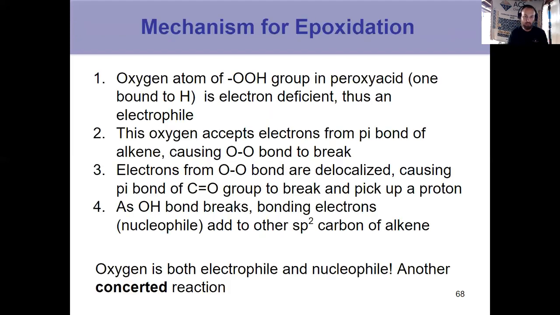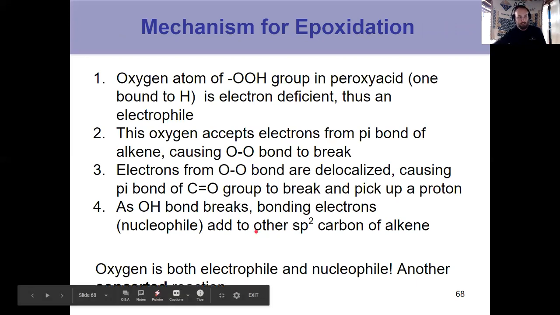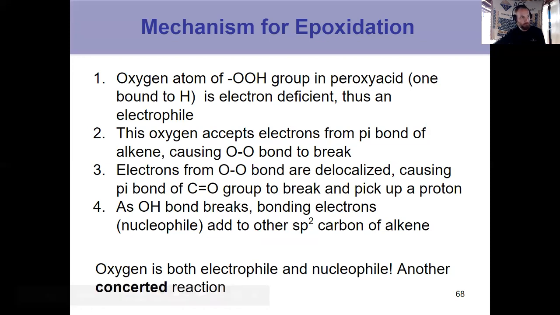So with that in mind, what does the mechanism look like? Well, that oxygen in our peroxy acid is electron deficient, so it's acting as an electrophile. Because it's acting as an electrophile, it will accept the electrons from the pi bond of our alkene, which is the nucleophile, just like every other time, causing our oxygen-oxygen bond to break.